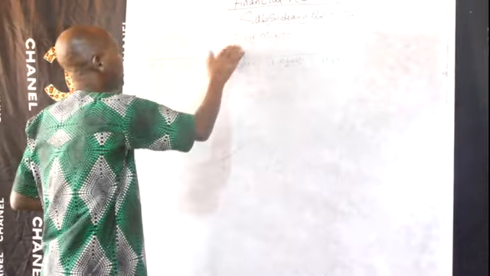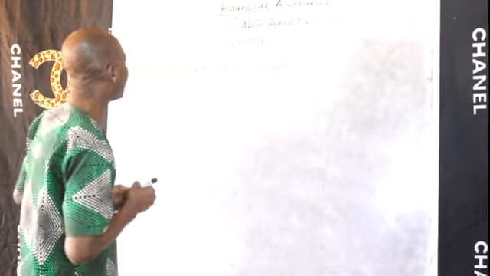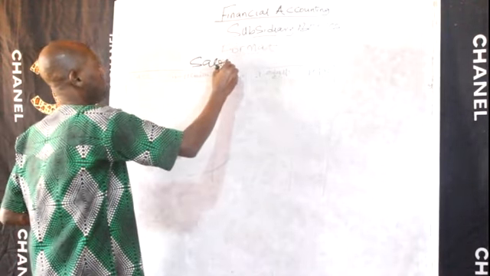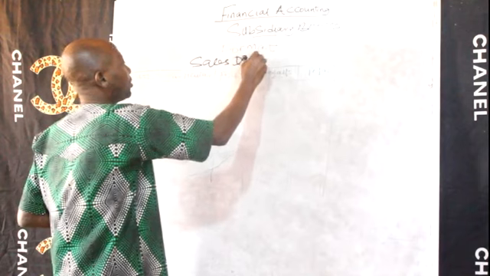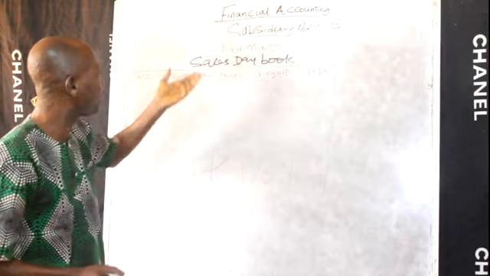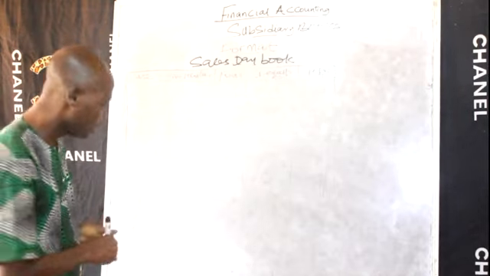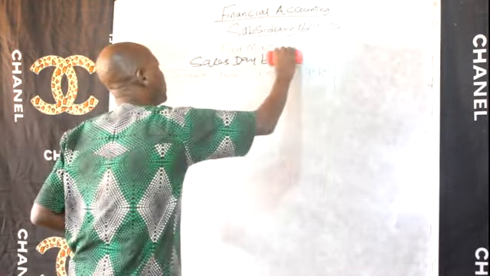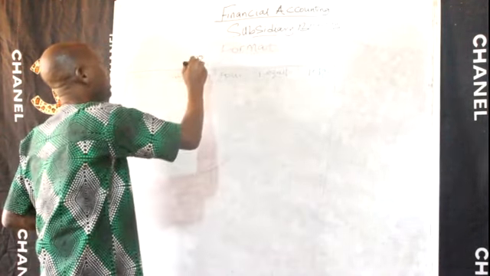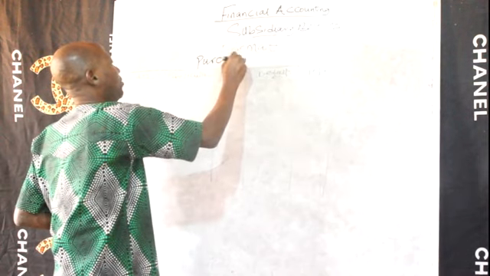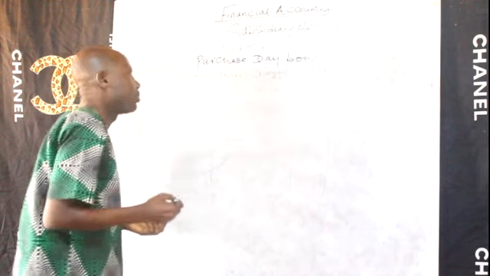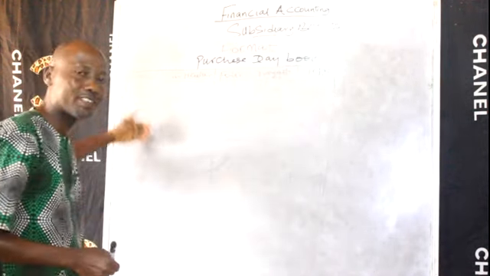If it is the sales book we are to open, you write sales book as your title. You make use of date, particular, folio, details, and total. Then, if it is the purchase book, you change the title to purchase book. That is, they make use of the same format.